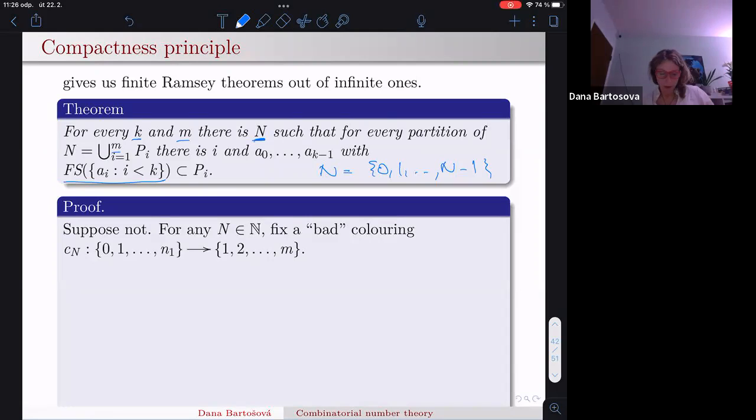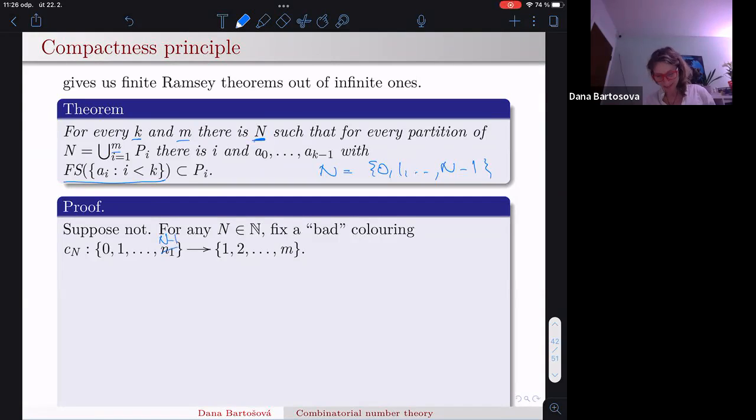Okay, so we go by contradiction, which may be somewhat counterintuitive, but we are not proving the theorem directly. We are just proving that the infinite version that we already have does imply the finite version. So if this is not true, then any natural number fails, right? So for any natural number, there is a coloring of n minus 1.